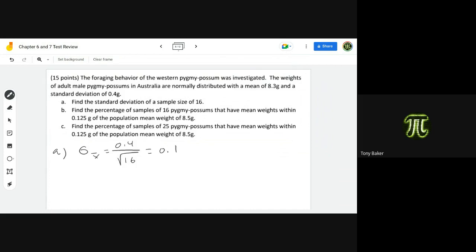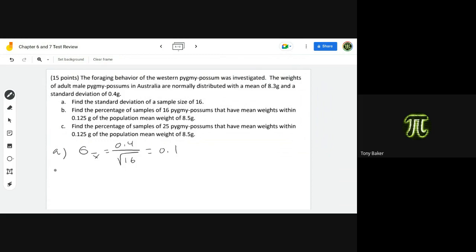So that's 0.1. Any questions on that part?